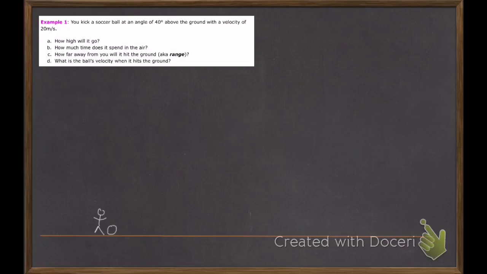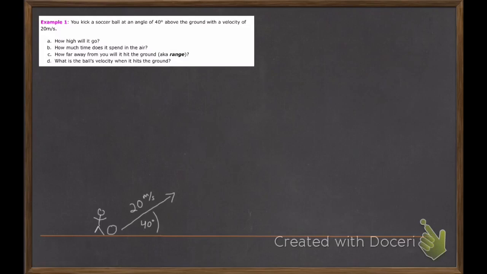Here's the soccer ball, and he kicks it with an initial velocity of, we said, 20 meters per second. So we will say this is 20 meters per second, and that the degree measure is 40 degrees. So we'll put 40 degrees.